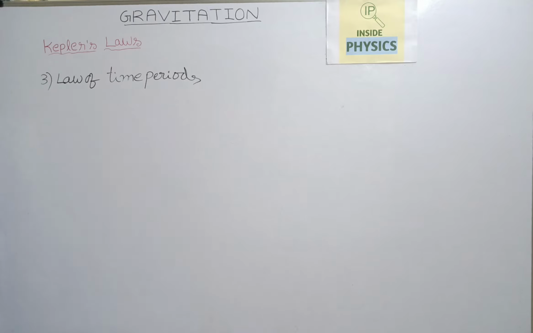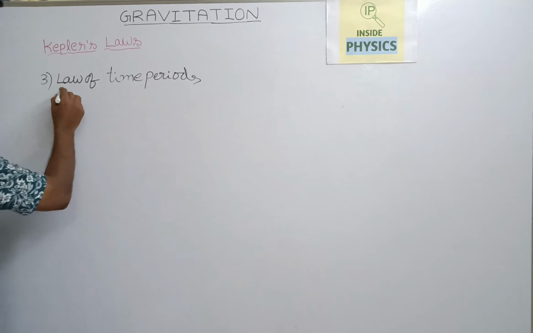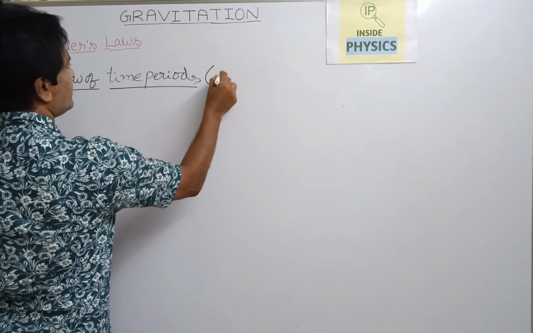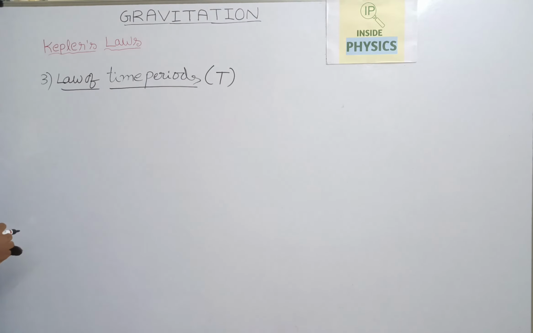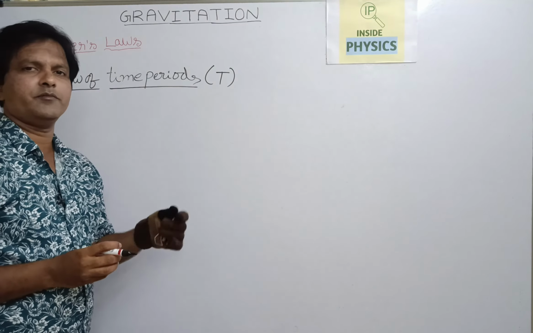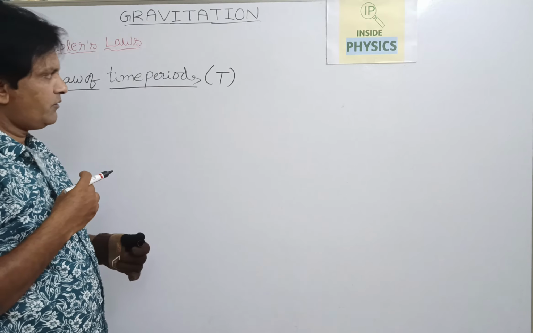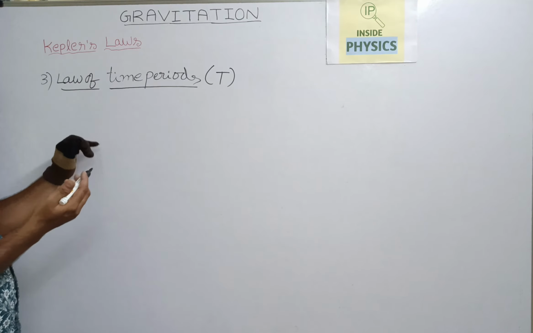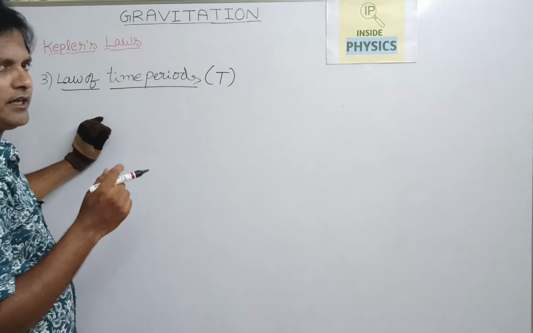Time period here is always denoted by capital T. What is the time period of a planet? The time taken for a planet to revolve around the Sun one time.